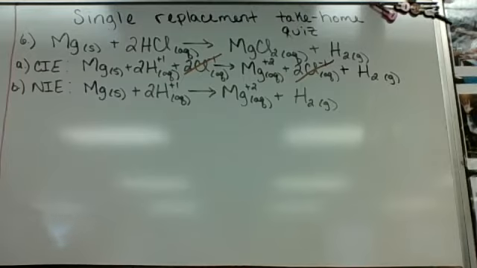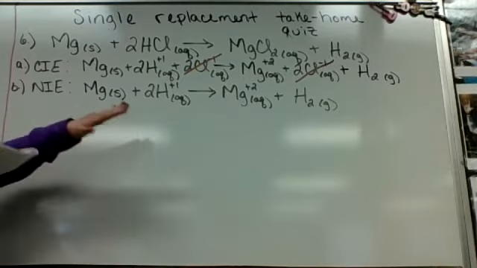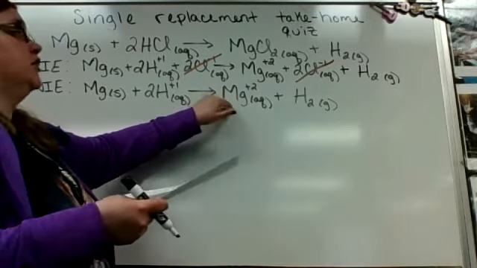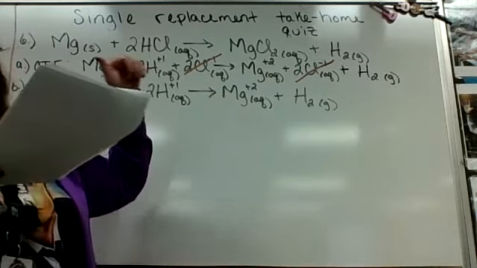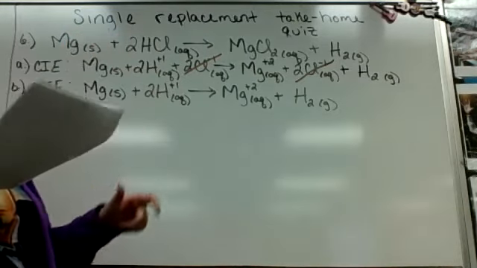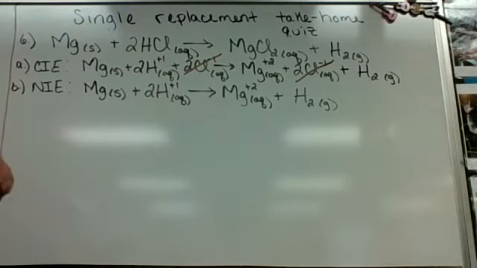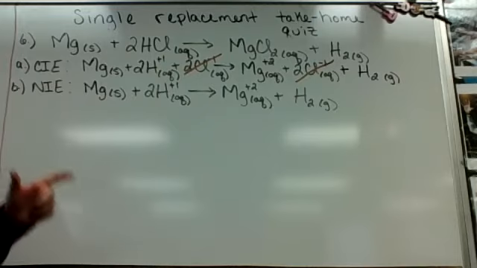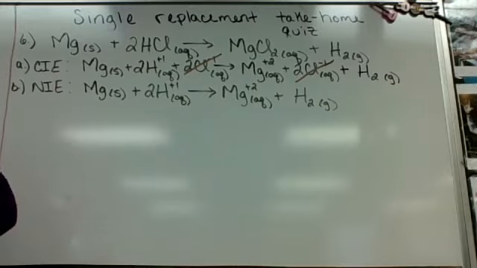And that's why your magnesium solid did not cancel out with the magnesium plus 2. So this becomes really important that you make sure to put charges where charges need to go on aqueous things, and keep solids without a charge.